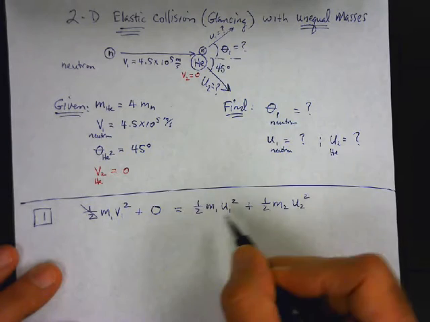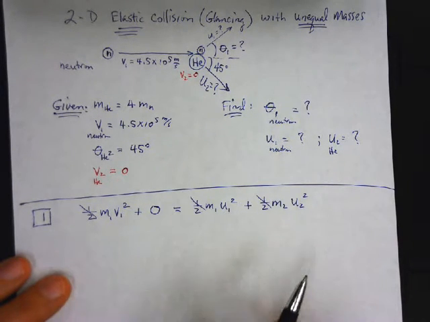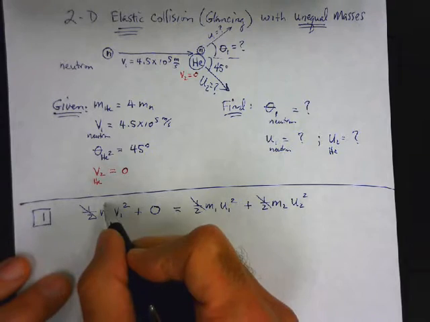Okay, so we have that. We can divide out all the halves, and we can replace the masses with just either a 1 or a 4. So this is equal to 1 here.